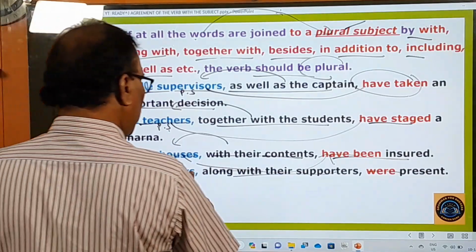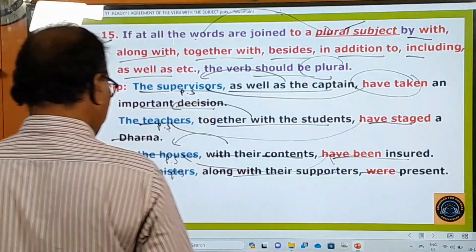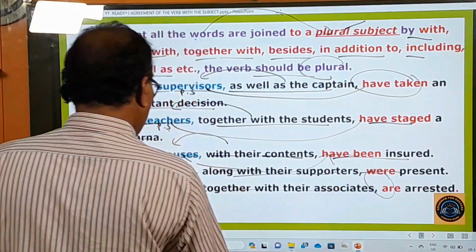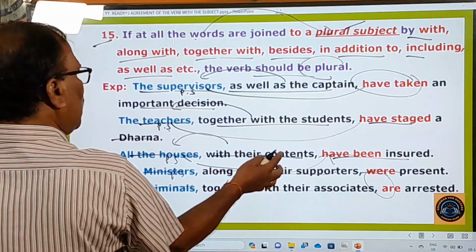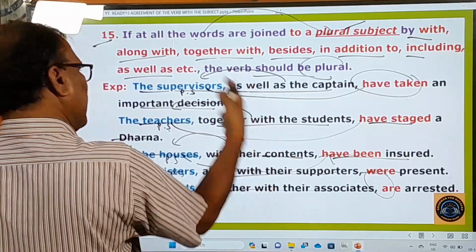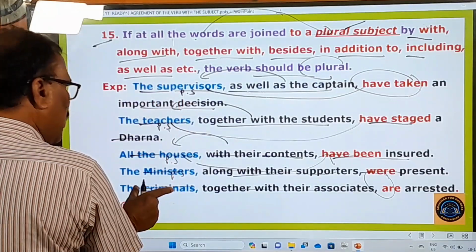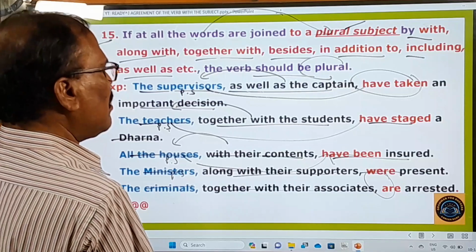The ministers along with their supporters. So here, were present. The criminals together with their associates are arrested. In this way, these are all plural subjects, and to these plural subjects these additional information giving words are attached, whatever it is. But according to the plural subjects, we use only the plural helping verbs or main verbs in the sentence, right?